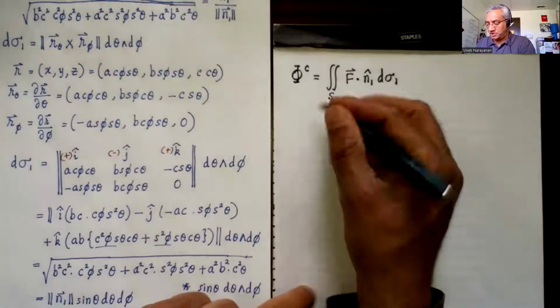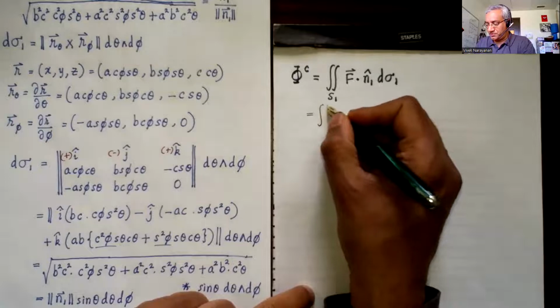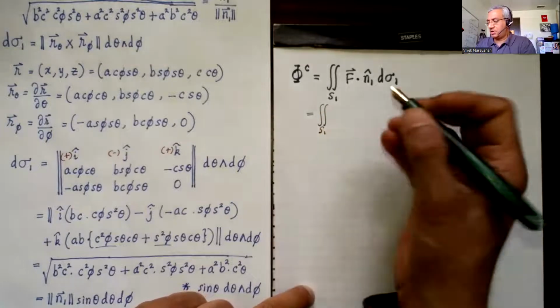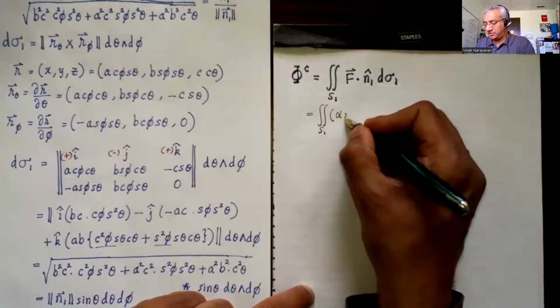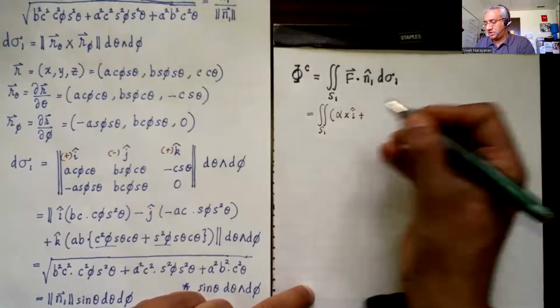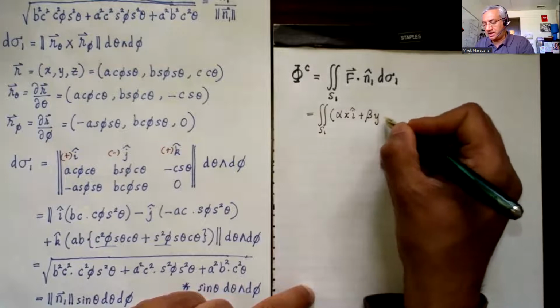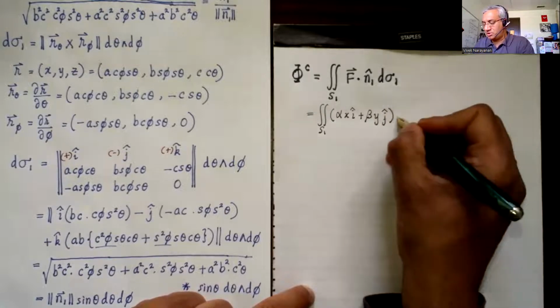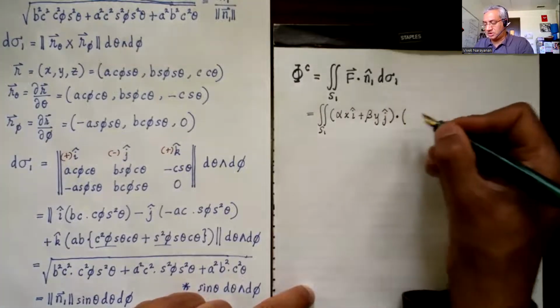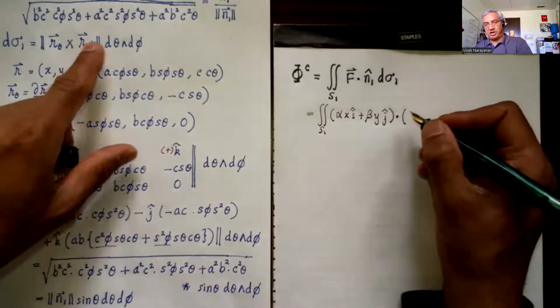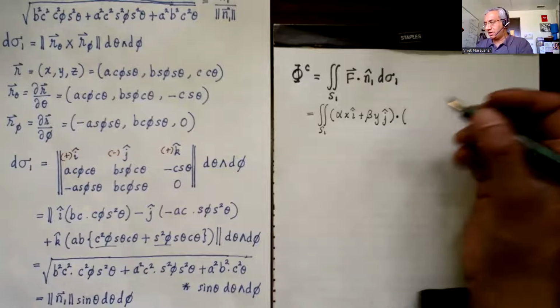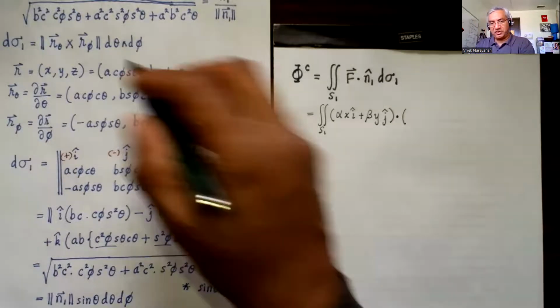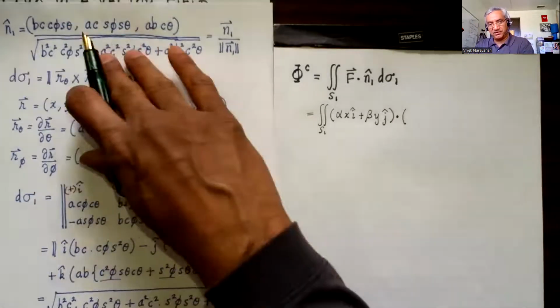So let's do it. So it's the integral over S1. The vector field is alpha x i hat plus beta y j hat dot product with. Now, because n1 in the denominator will cancel the n1 here, I won't even bother writing it. I'll just write the numerator, which is all this stuff.